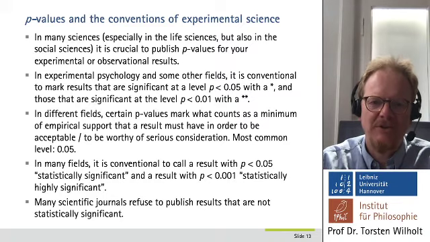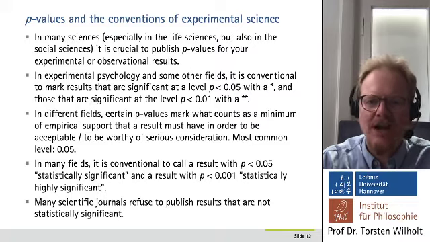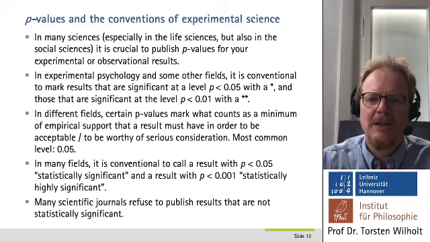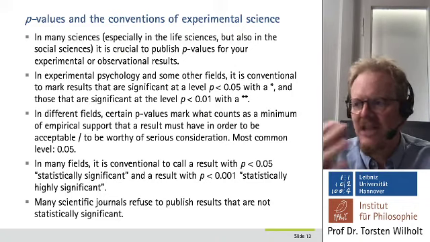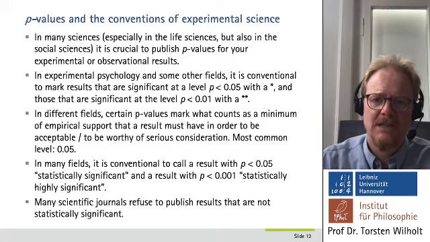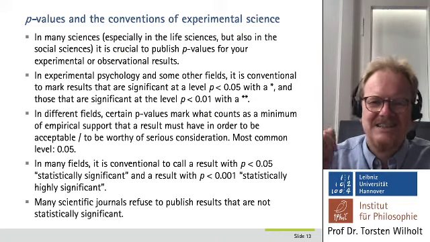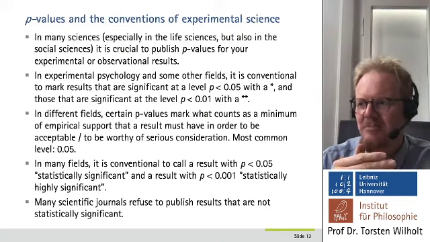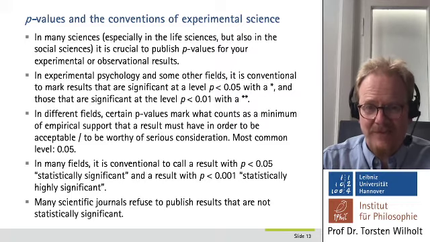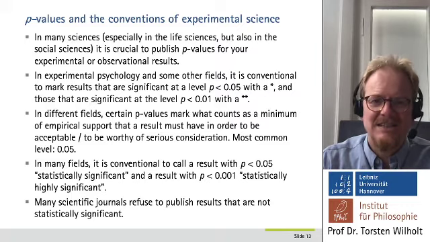So if you want to claim, for example, that a certain drug is effective, the null hypothesis is that it's not effective, and you have to have data that at least have a minimum of empirical support for your claim that the drug is effective, which is equivalent to a maximum of acceptable p-value.